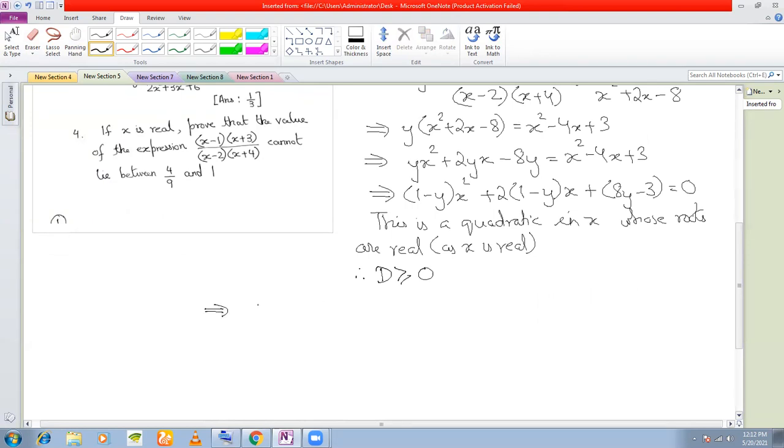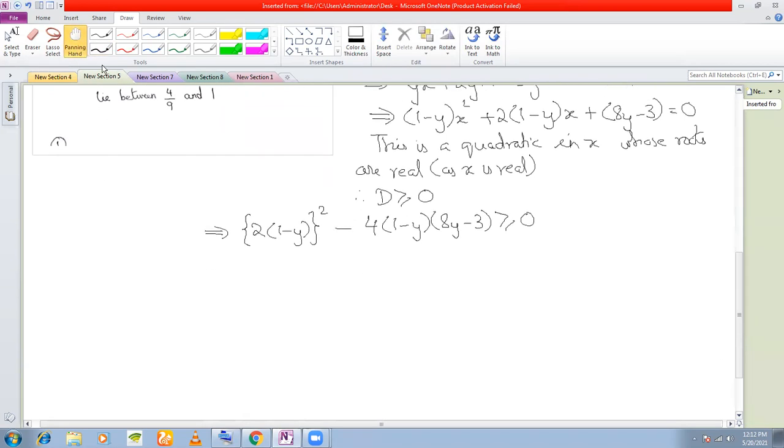Discriminant b square. Which one is b? Twice 1 minus y square. This is b. B square minus 4ac. A is 1 minus y. C is 8y minus 3. Greater than or equal to 0. That means you get 4 times 1 minus y whole square minus 4.